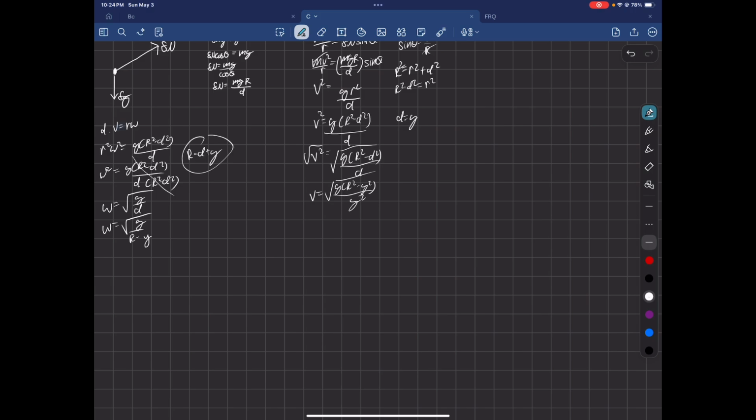For part E, it wants the minimum angular speed. So we found the angular speed expression here. And for the value to be at its minimum, the denominator has to be the greatest value that it could possibly be.